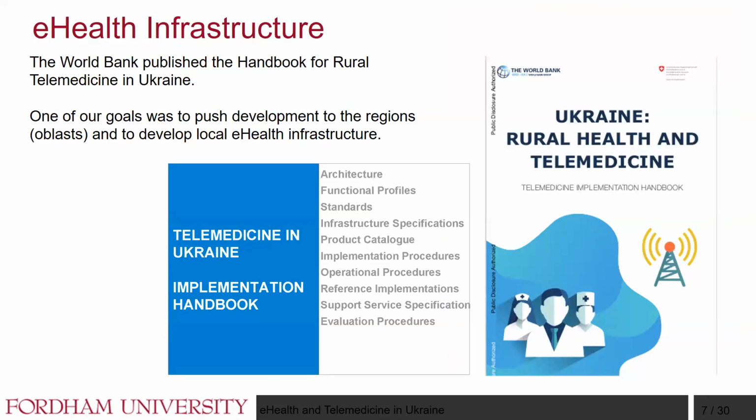So over the course of the next 18 months, we developed a handbook for rural telemedicine in Ukraine, and that was used to guide some pilot implementations in 3 districts: Poltava and Odessa regions, and the Rivne region. I'll show some pictures of Rivne in a second. Rivne is approximately halfway between the Polish border and Kyiv, about a couple of hundred kilometres. In fact, it might border Rivne city, but I think the oblast probably borders Belarus to the north.